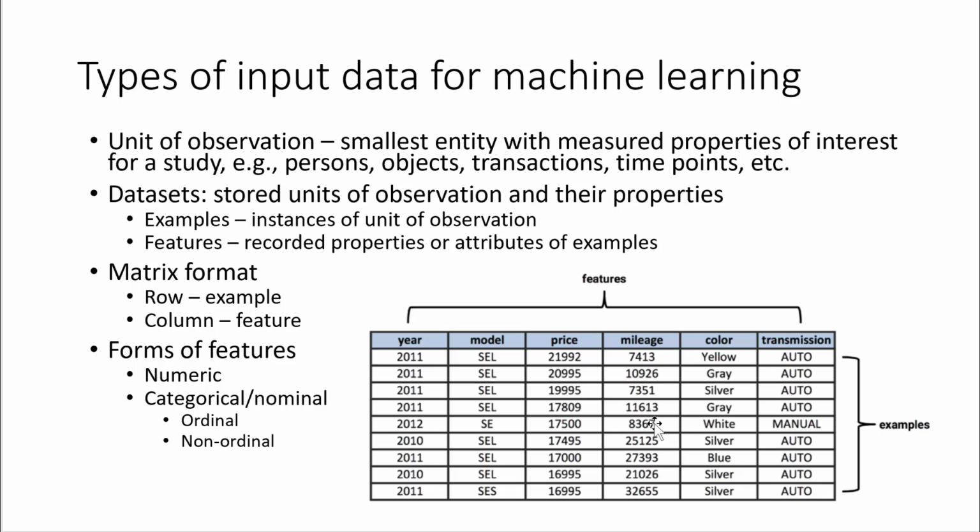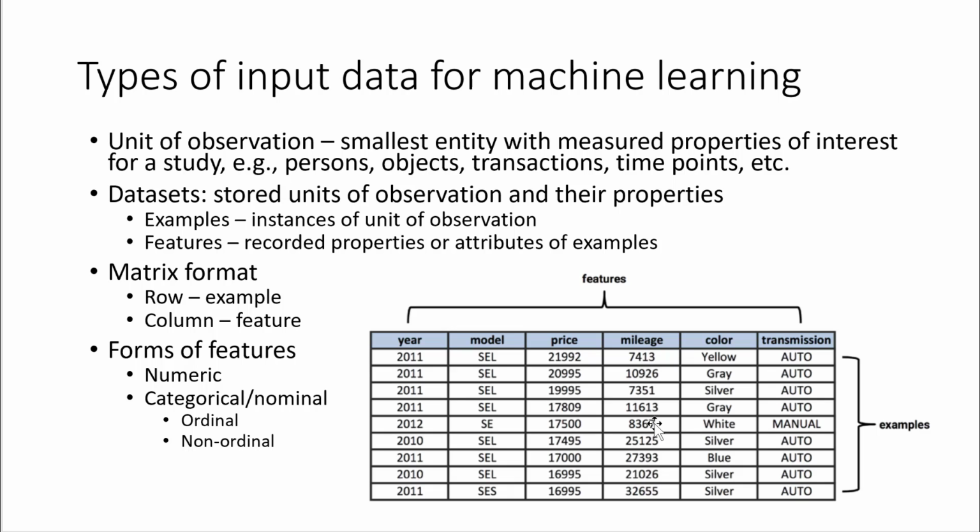As another example, if we want to build a machine learning model to detect whether a person has cancer, then the unit of observation will be patients, and the examples will include many different samples of cancer patients.